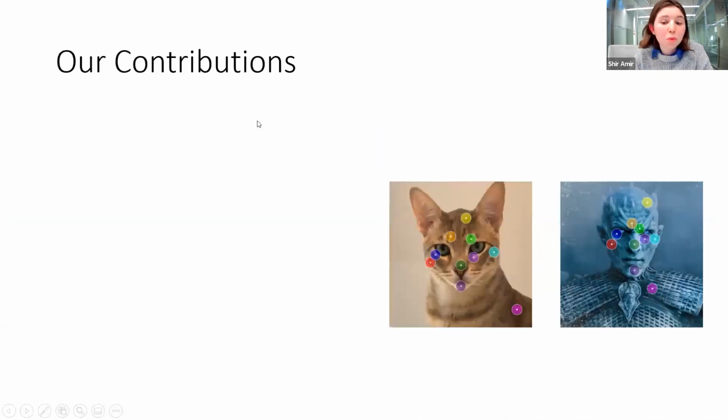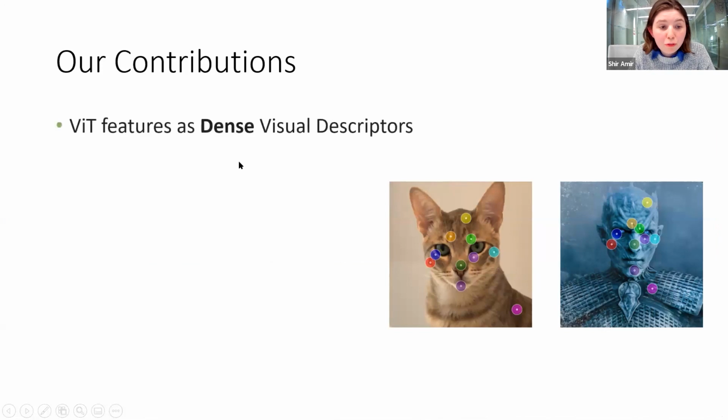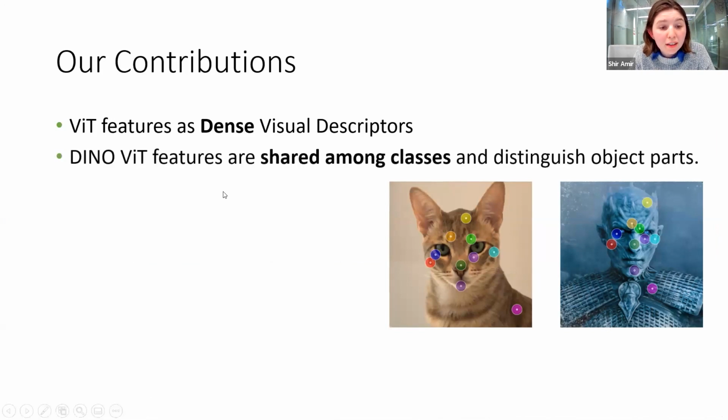In our work, we made several contributions. First of all, we created dense visual descriptors out of these ViT features. We also discovered that features of a ViT pre-trained with DINO in a self-supervised manner are shared among classes and distinguish object parts.